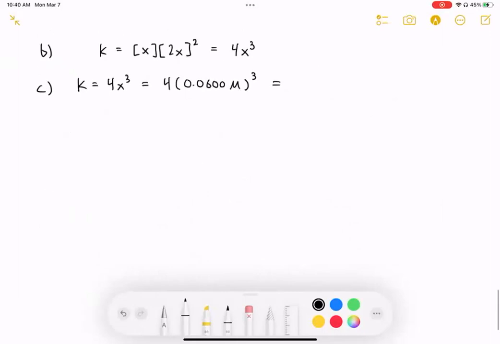All right, so let's solve for that. 0.0600 cubed times 4, and we get 0.000864, or 8.64 times 10 to the negative 4th as our KSP value.